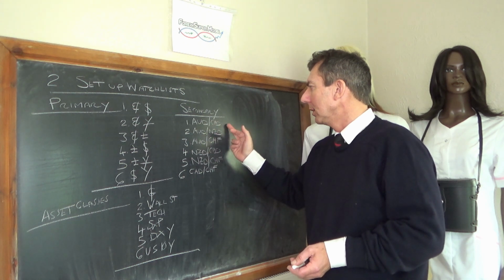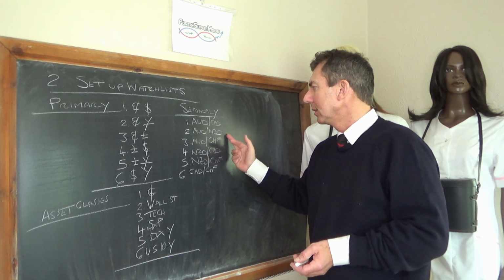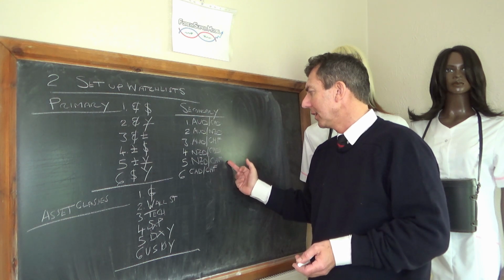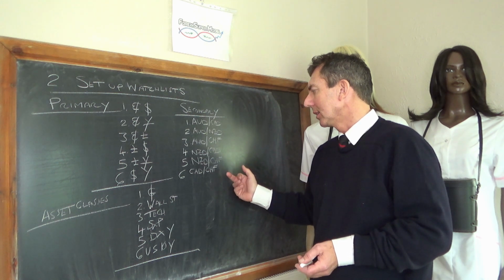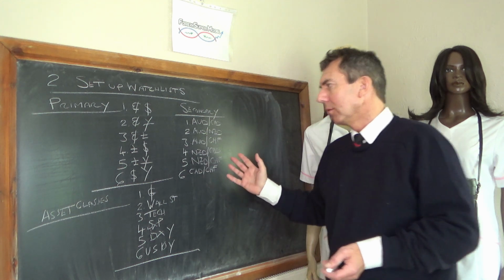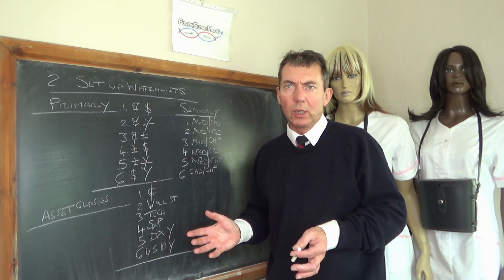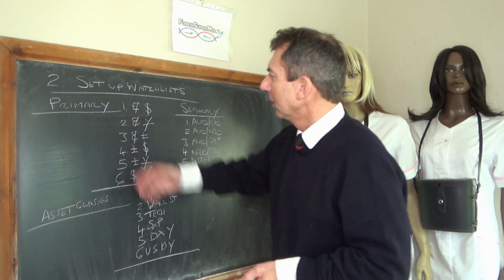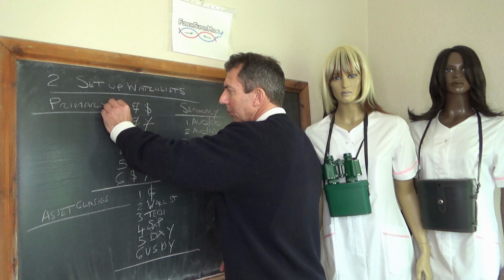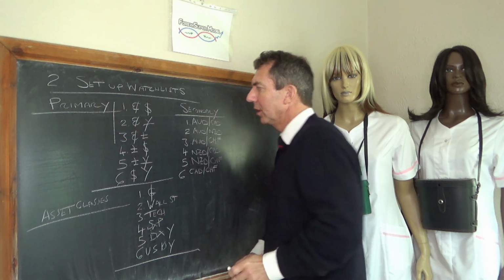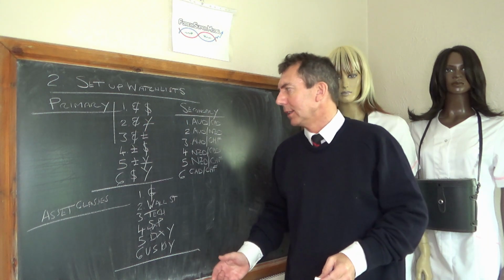So number one is AUD CAD, 2 AUD NZD, 3 AUD chuff, 4 NZD CAD, 5 NZD Swiss, and 6 CAD chuff. Now, the reason we set them up is so that they're much easier to read just off the bat. So you can see that here on the primary watch list, the first three are Euro first, so you can read that straight.